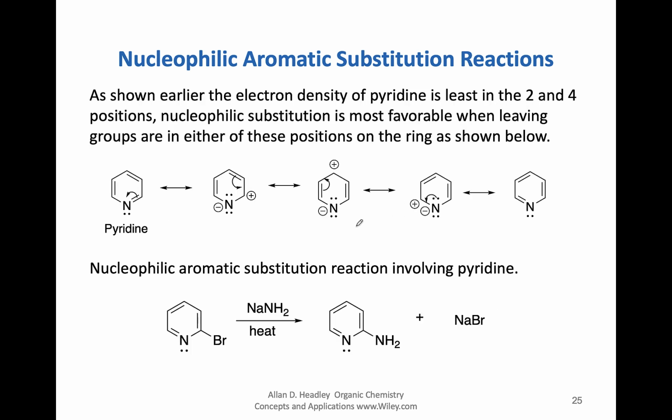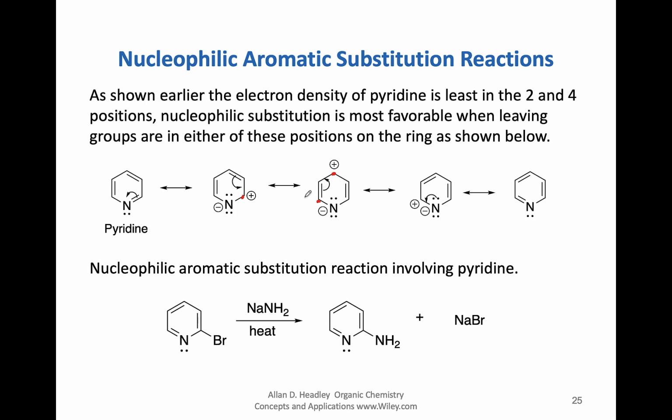All right, let's look at a couple more reactions involving pyridine. So here is pyridine, and I drew this again just to show you that the dipole moment points in the direction of the nitrogen. So here's a positive carbon, here's a positive or less electron distribution at these points.